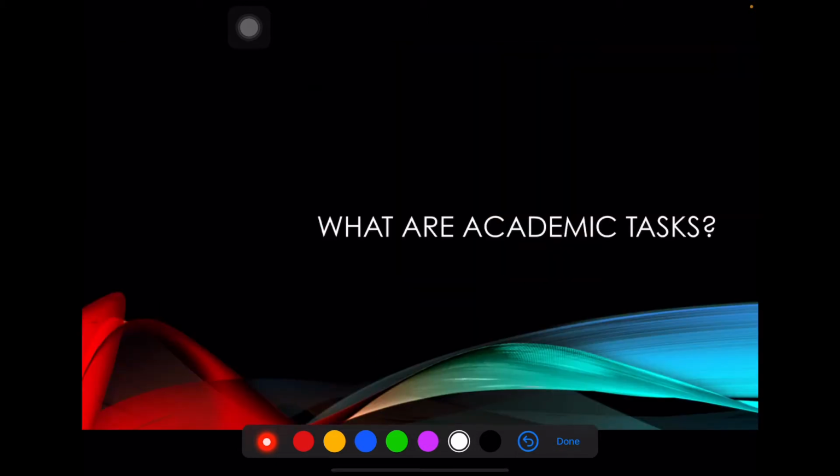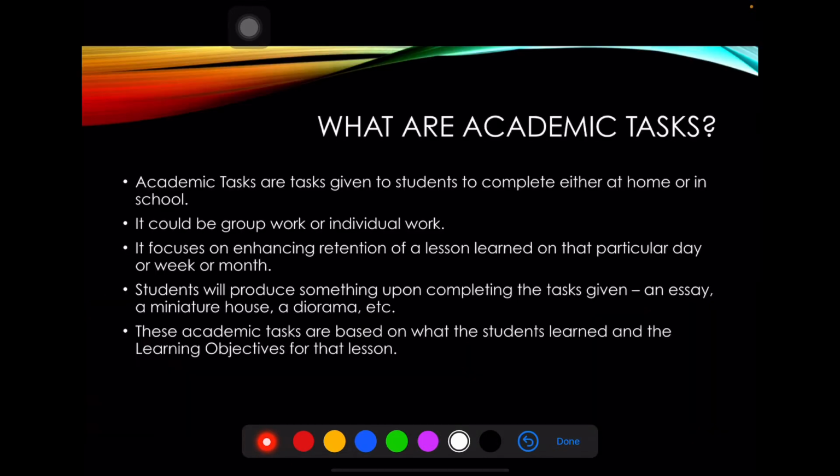First, let's define what are academic tasks. Academic tasks are tasks given to students to complete either at home, we call it homework, or in school, we still call it exercises or homework. It could be group work or individual work or even pair work.